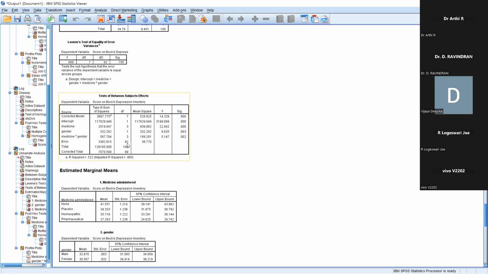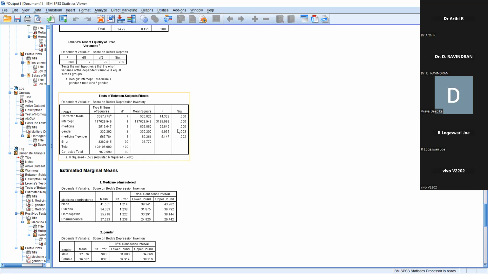As per the test of between subjects effect, there is a significant difference in the means of the depression score among the different groups administered with different medicines. Within bracket, F value, you put F, within bracket, write 3, 97, close the bracket. F value is equal to 22.842 and P value is lesser than 0.001.